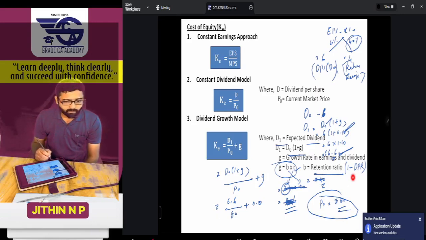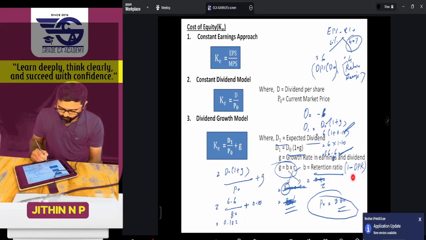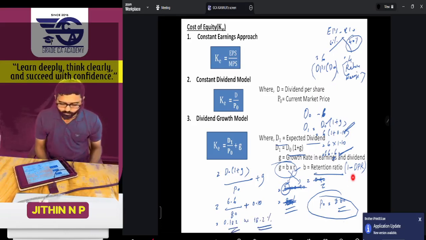What is it? 0.182, or 18.2%. 18.2% is the K. Clear?